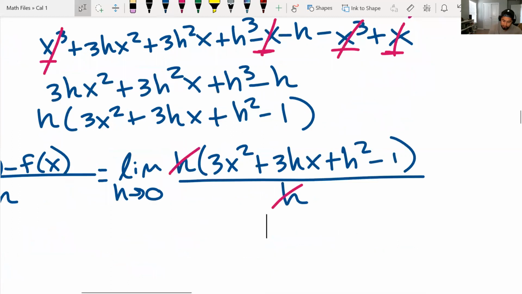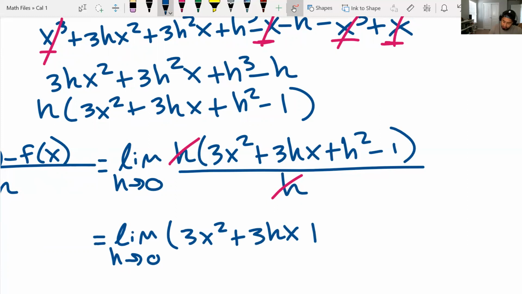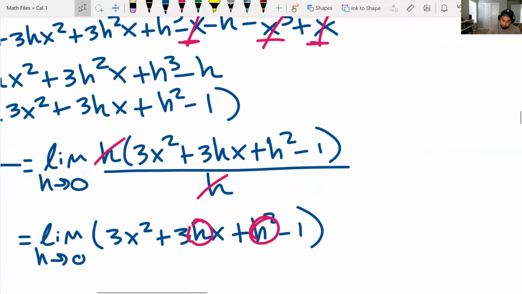And now what we are left with is the limit as h approaches 0 of 3x squared plus 3hx plus h squared minus 1. And now all we have to do is plug in 0 for h. This h becomes a 0. This h becomes a 0. And all we are left with is 3x squared minus 1.